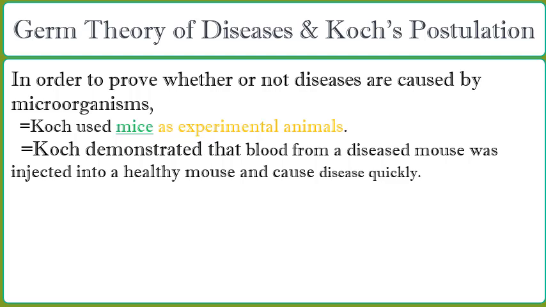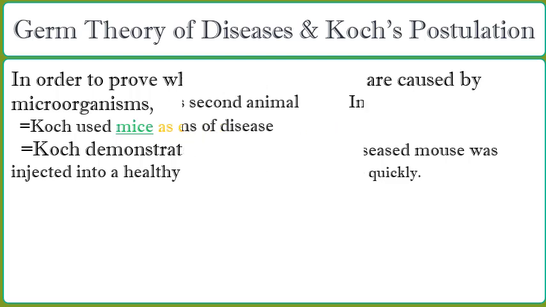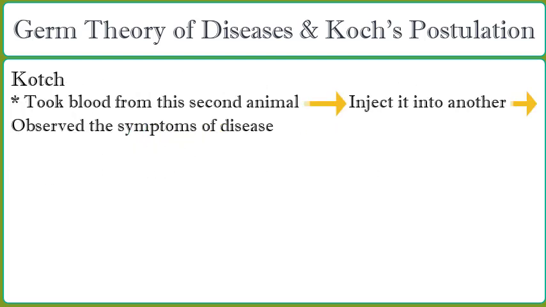Using appropriate controls, Koch demonstrated that when a small amount of blood from a diseased mouse was injected into a healthy mouse, the disease, anthrax, the first experimentally studied disease, developed quickly. That means Koch took blood from this second animal, injected it into another, and again he observed the symptoms of disease.